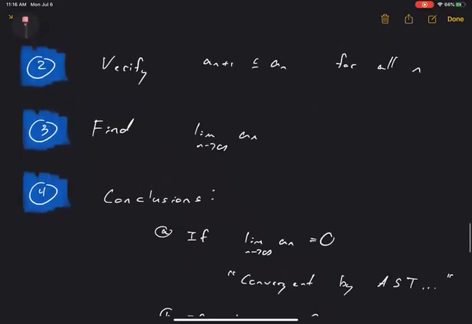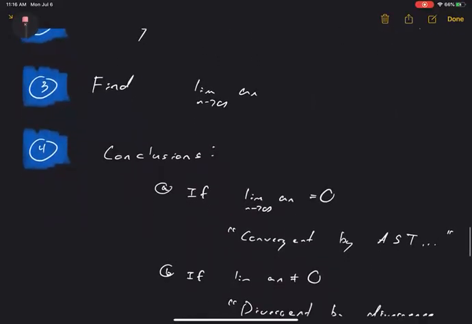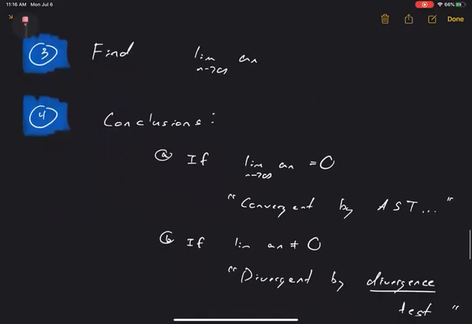All right, let's talk about the easy one first. If the limit of these ANs is equal to 0, then I have all 3 conditions of my alternating series test, and my series is going to be convergent, and I need to have a wrap-up sentence, just like with all my other tests. I need to say convergent by alternating series test. I've abbreviated alternating series test as AST here.